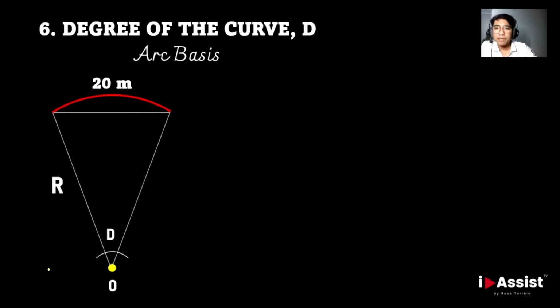Okay? Next, the arc basis. Ito naman arc basis, medyo madali ito. Ratio and proportion lang ulit. Okay? So, D is part of 360 degrees. D is to 360. Therefore, 20 is to 2 pi r. Ano ibig sabihin nito? Si D ay parte ng lahat ng angle ng circle dahil one complete revolution that's 360 degrees. Si 20 naman, ang parte naman siya ng circumference. And ano ang formula ng circumference?